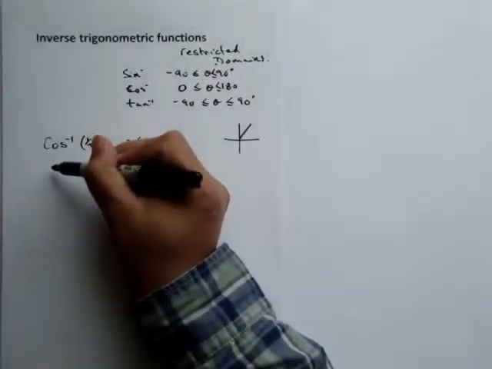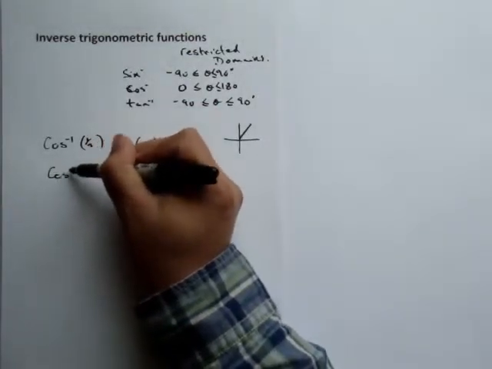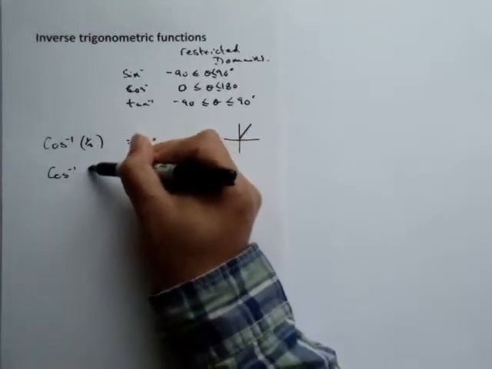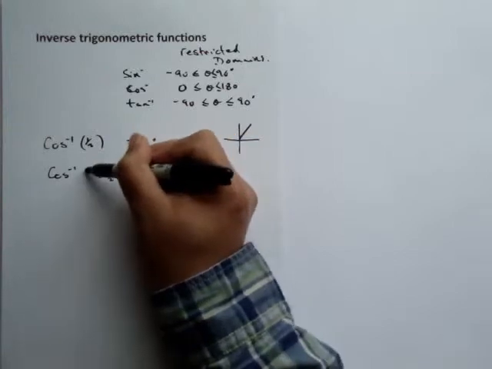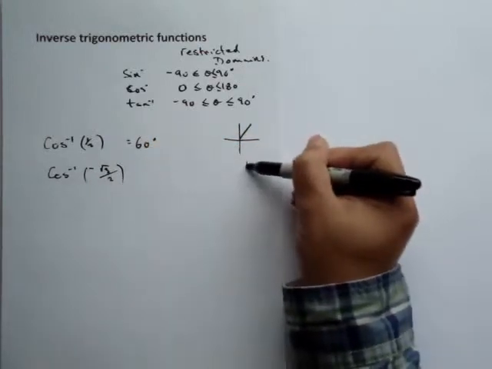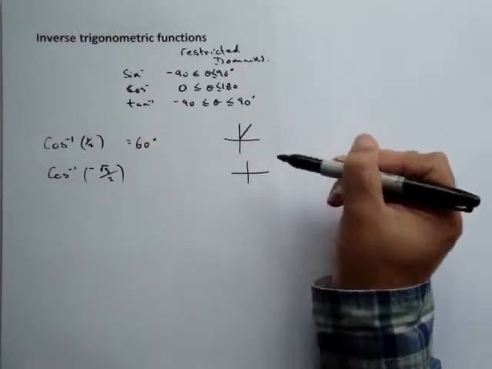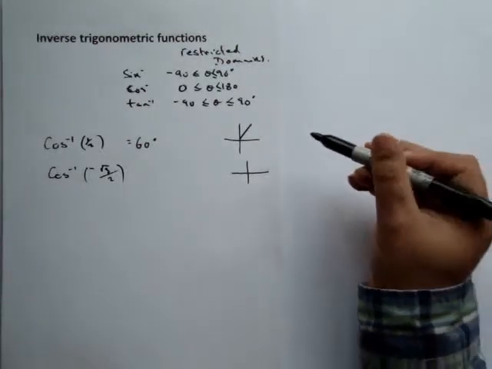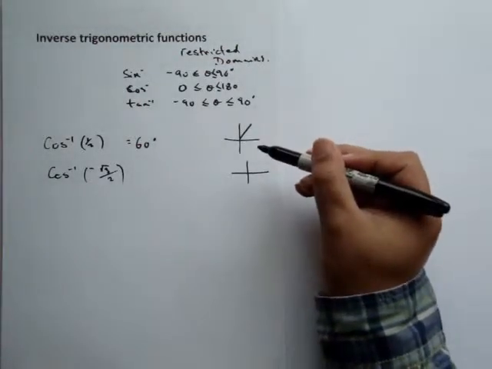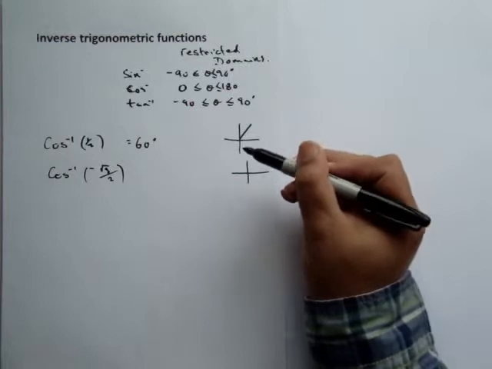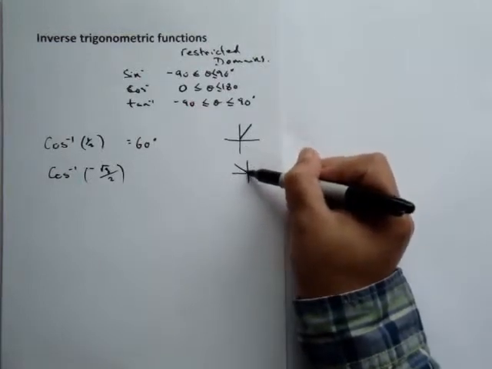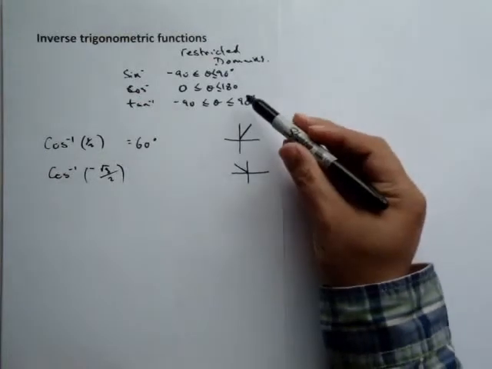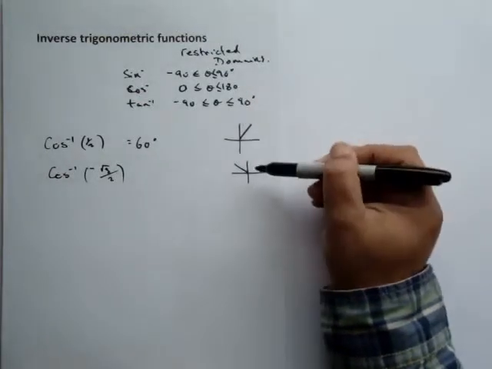If we have inverse cosine minus square root of 3 over 2, draw a quadrant diagram. Now minus root 3 over 2, where is cos minus? It's minus in this quadrant here. Does that fall between 0 and 180? Yes, it does.